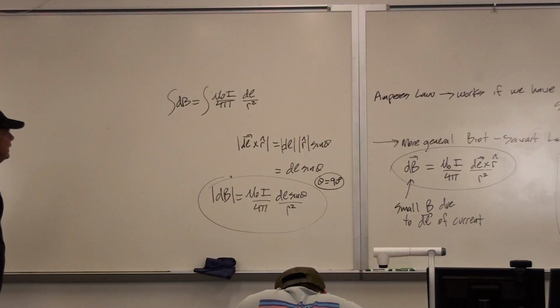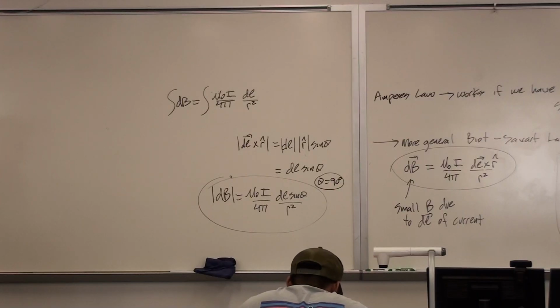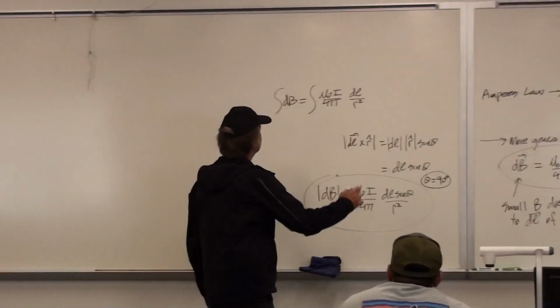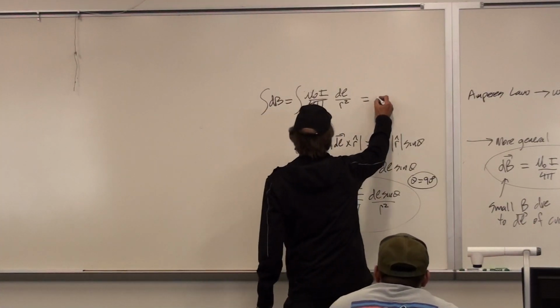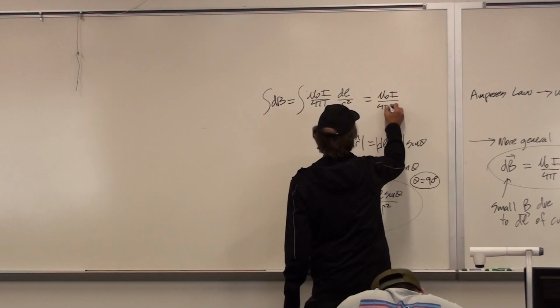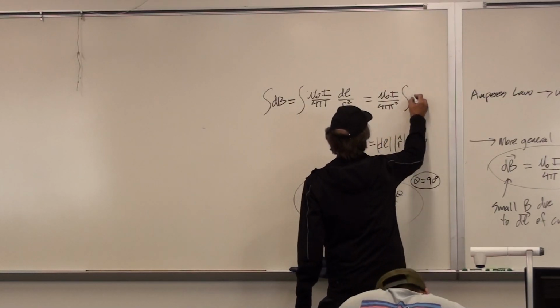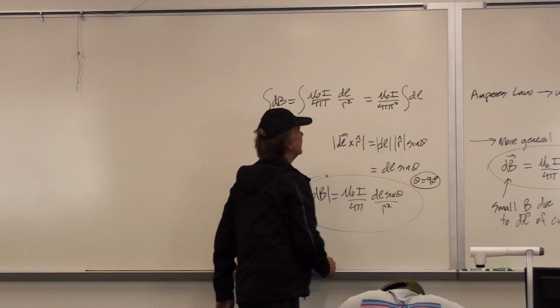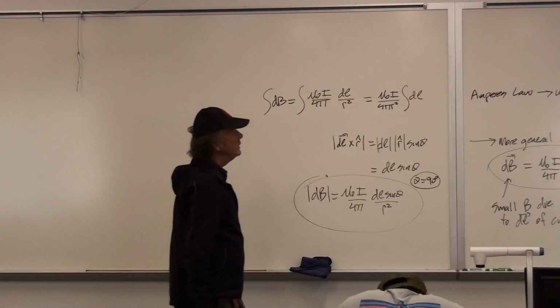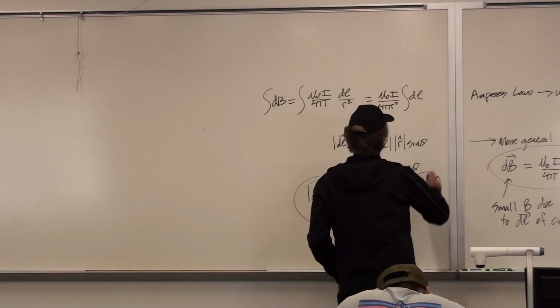And if we're integrating all the way around this loop, r is constant in this case. So we can write this as mu 0 I over 4 pi r squared times the integral of dl. What are we going to get? 2 pi r.